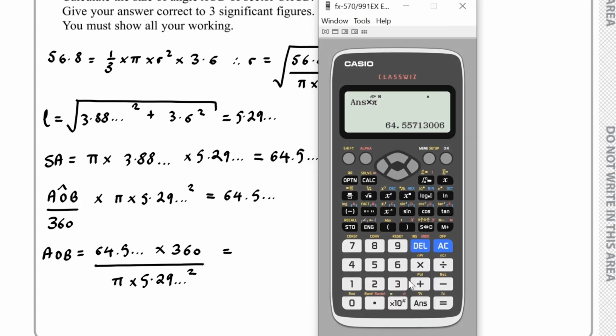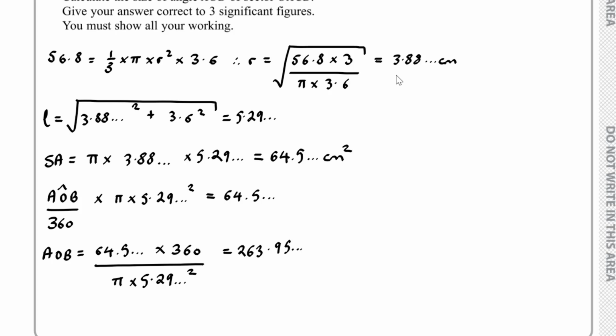So if I work this out, times this by 360 and then divide by pi times this value squared, it turns out we get 263.95, etc. So to three significant figures, we get 264 degrees. Okay, so that's that question done.